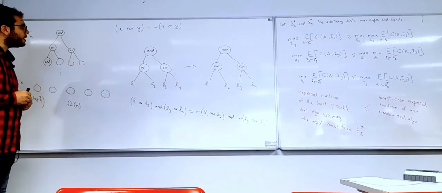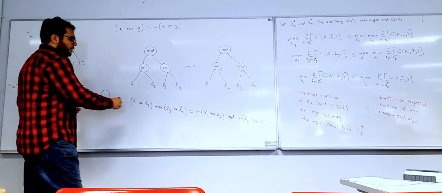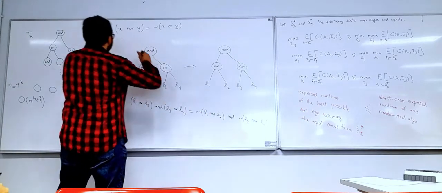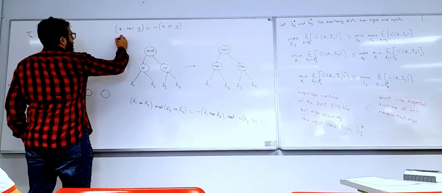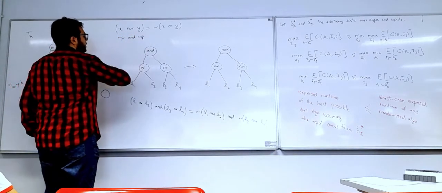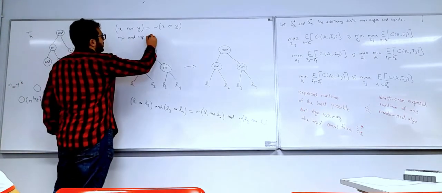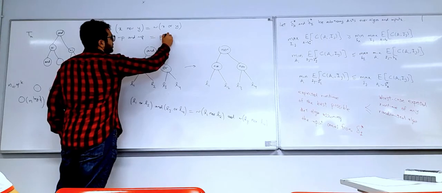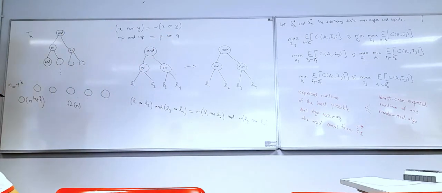Okay. So what can I say about this? Let's just go here and prove something else. So if I have not P and not Q, how can I write this using NOR? I can say that this is just P NOR Q. Right?